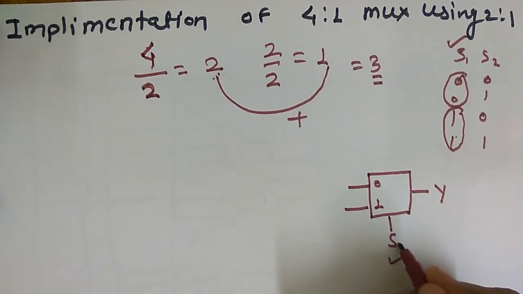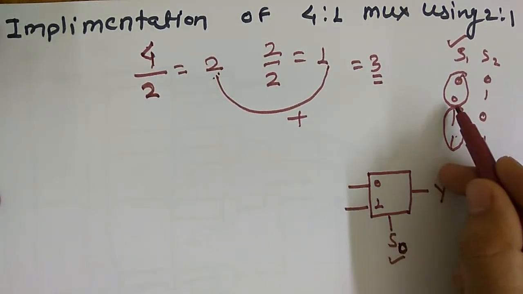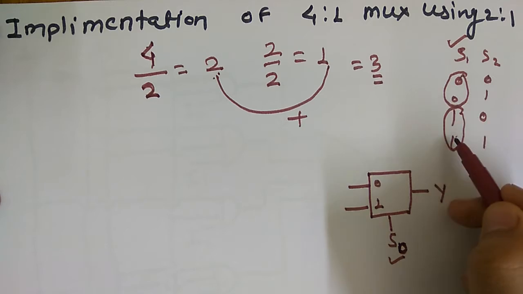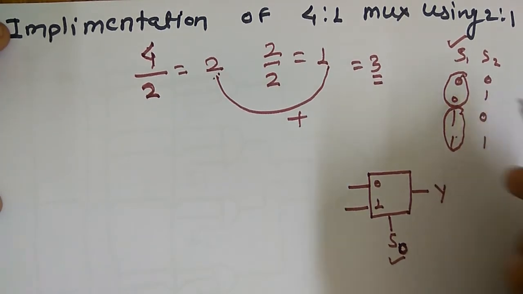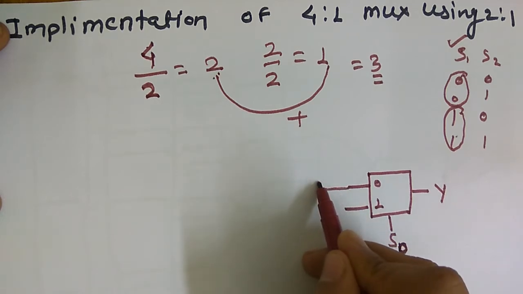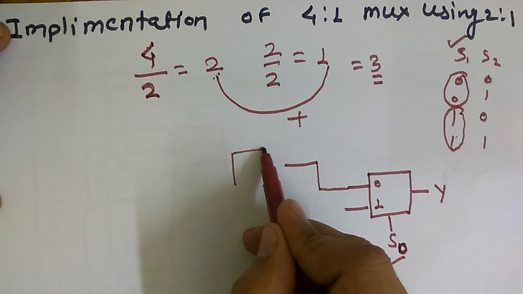Or take S0 as higher, and then we will take S1 as lower. So we know that this one has only two states. For every state this has two states. So by every input of this one we will connect one mux.